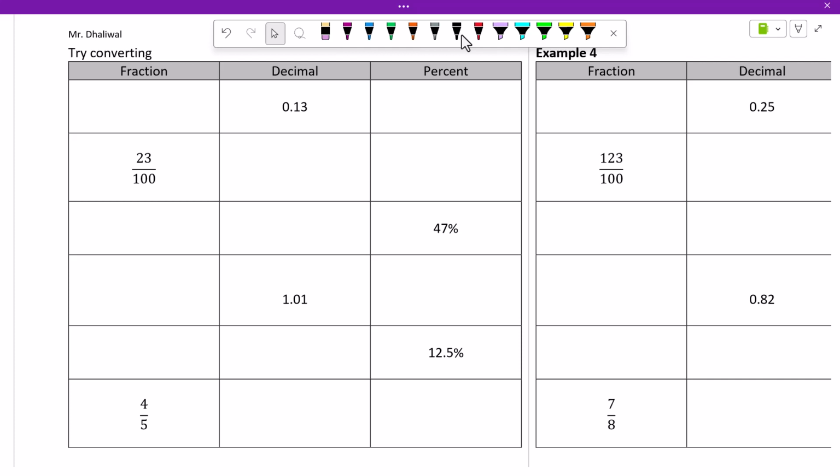If I want to convert this one to a percentage, what would it be? Thomas, quiet please. Maxim. 13%. 13%, right? Maybe write yourself some rules. Move decimal 2 spots.